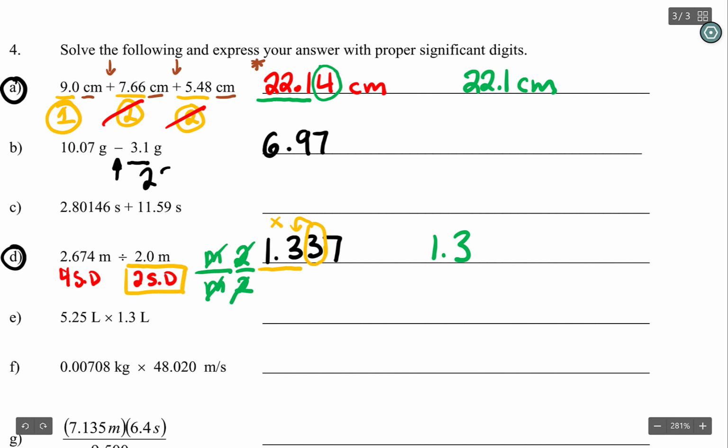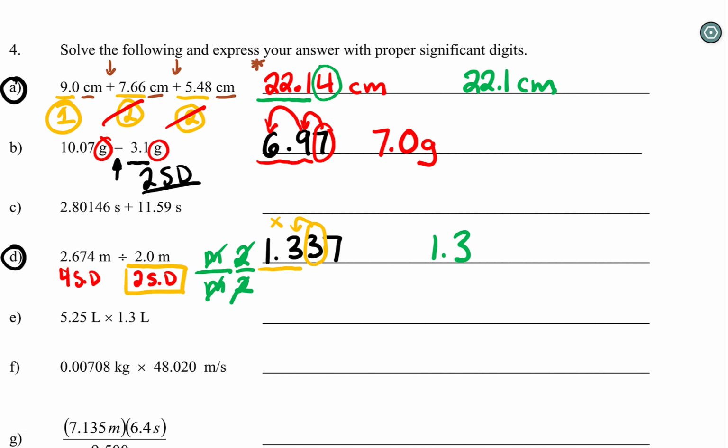I need 2 significant digits because of that value, so I underline them. The number behind determines the rounding of the number in front. This rounds this up to a 10, which means this rounds this up to a 7.0. And because the units are the same, it's the same unit of grams because it's adding or subtracting.